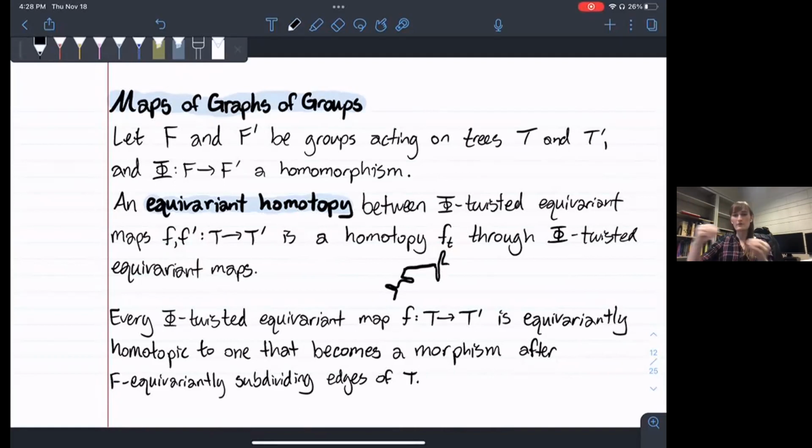But up to homotopy, I can straighten that out into just take an edge, take another edge, take a third edge. Don't be silly. So yeah, that's my equivariant homotopy. And this map here, if I equivariantly subdivide, say this is the image of this edge here, if I subdivide this edge into 3 edges, 1, 2, 3, now the map is a morphism because it takes edges to edges.